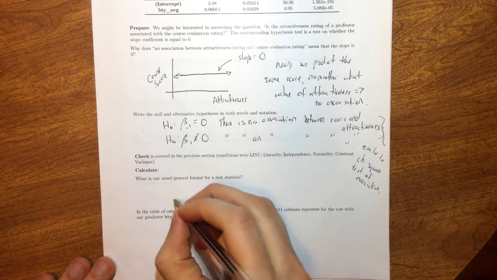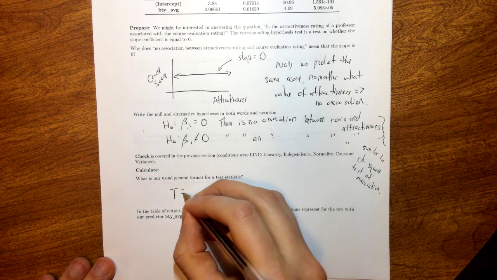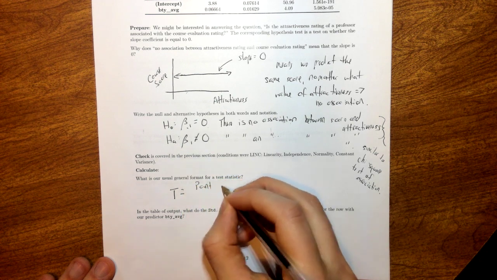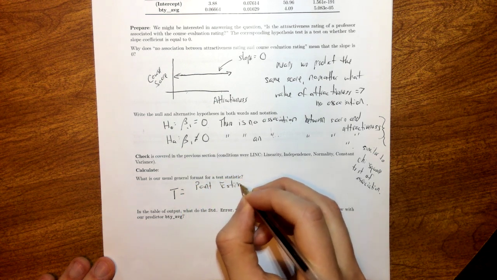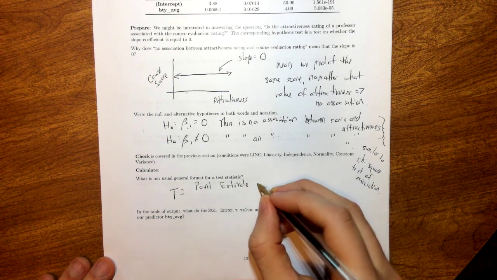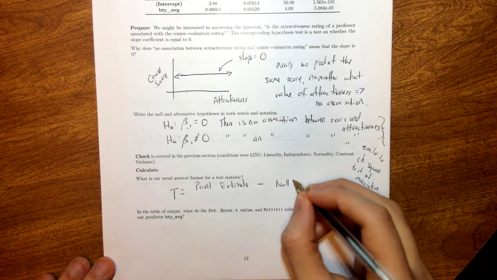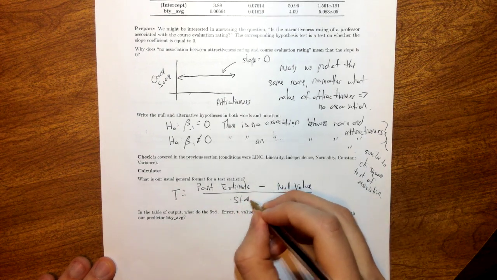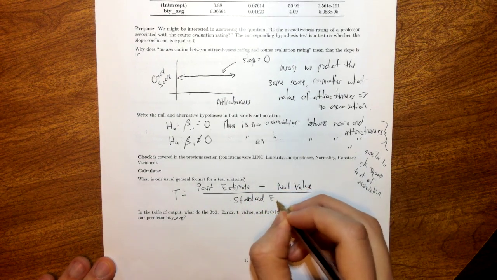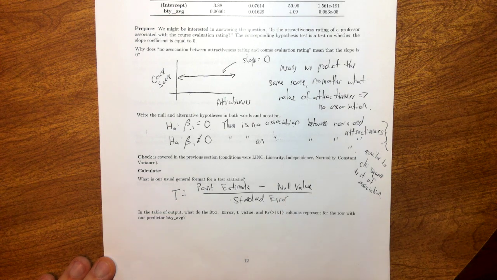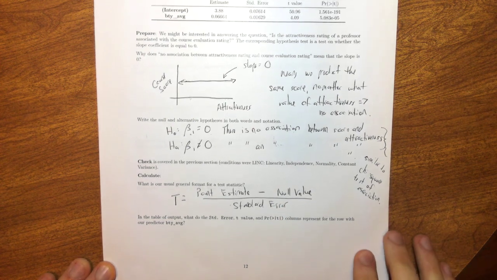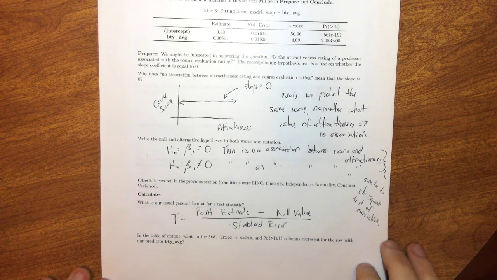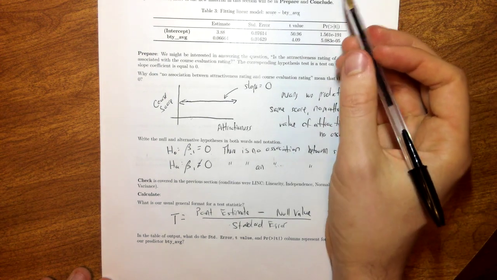Calculate: we're going to use our general format for our usual test statistic. We usually have the point estimate minus the null value, divided by the standard error. Now we're going to start to make use of some of the other stuff in this table that we skipped over.